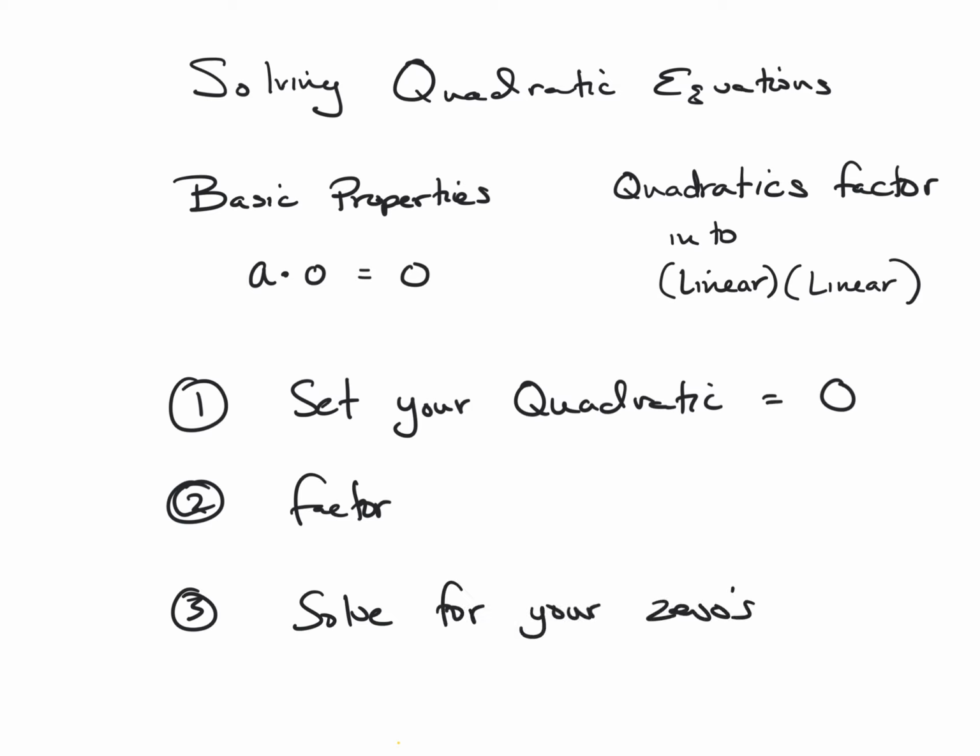I'll explain all that, but these are your basic three steps to solving a quadratic equation. The problems I'll be going over are introductory: what if the leading coefficient is 1, or what if the leading coefficient is prime. So let's get into those examples.